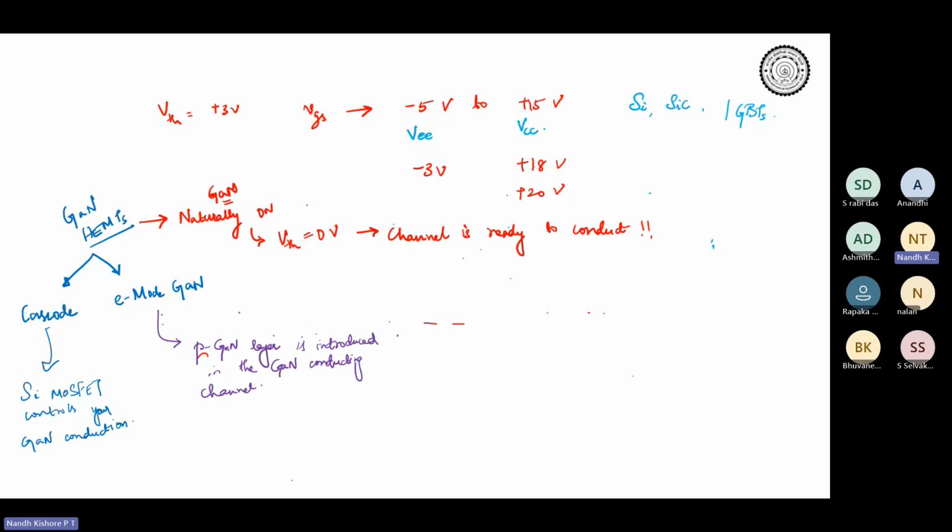So when you give the gate source voltage, you are actually controlling this P-GaN and not the direct channel. So basically, if you allow a depletion region to form using this P-GaN layer, then the GaN HEMTs are going to turn off and they are going to turn on. And this is widely adopted nowadays. And just for information, this cascode configuration is being manufactured by a company called Transphorm.